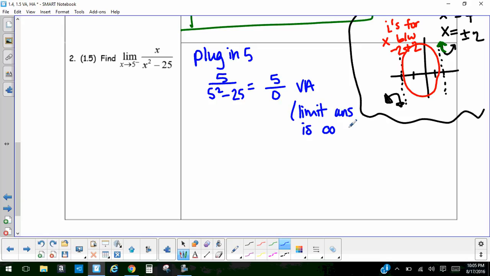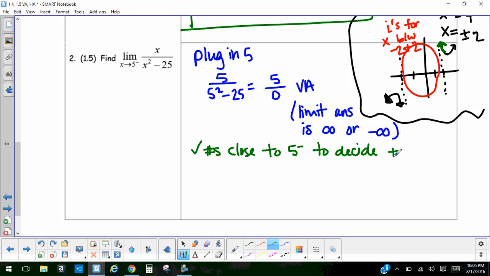is infinity or negative infinity. Well, then if I've narrowed it down to just those two possibilities, then I'm going to check numbers close to 5 from the left to decide whether it's going to be positive or whether it's going to be negative.